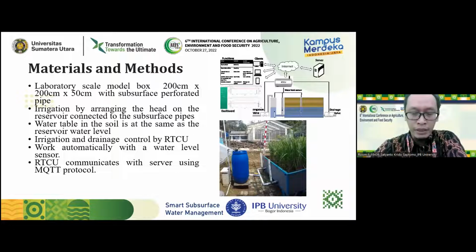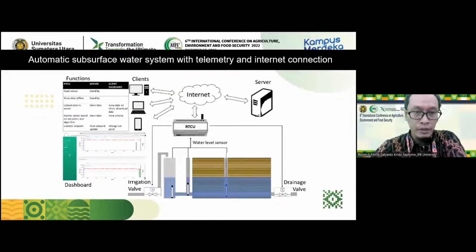So we have water table sensors, water level sensors. We also connect the system to the internet, and we can control it by using a dashboard on our laptop. This is the schematic of the system. So this is the model.